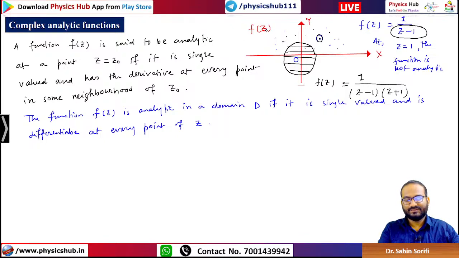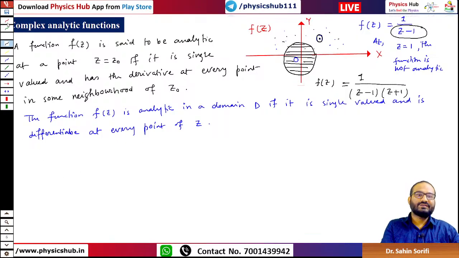If f of z has a singular point where the function diverges at this point, but if you consider this region, in this region the function is analytic or not? Obviously this is analytic, okay? The region does not include this singular point.